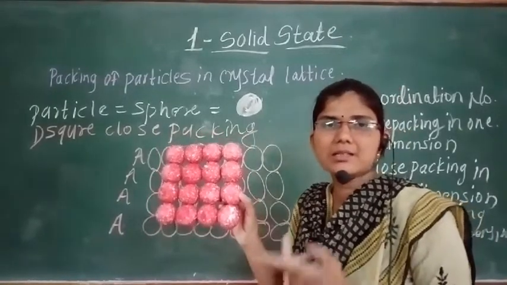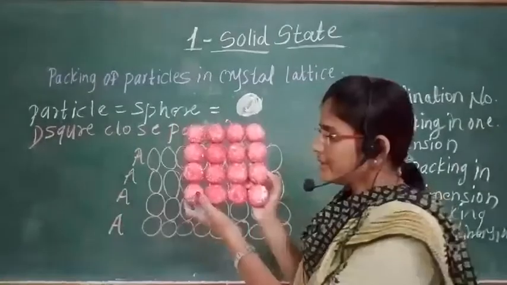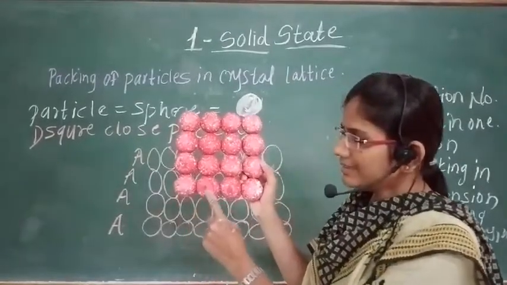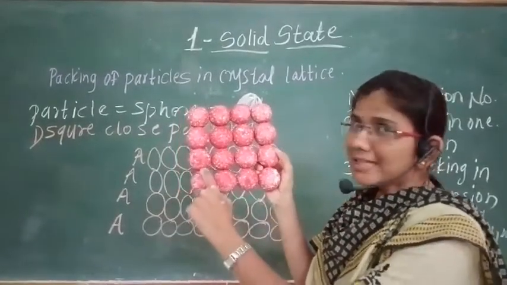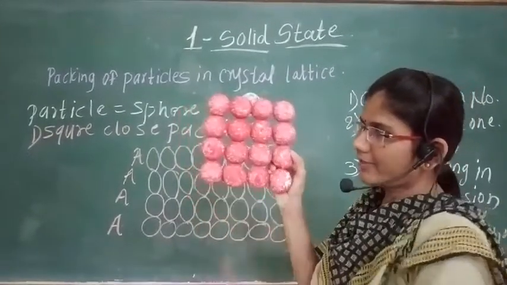The first one is square close packing. Here this is the row, these are the troughs and these are the depressions.